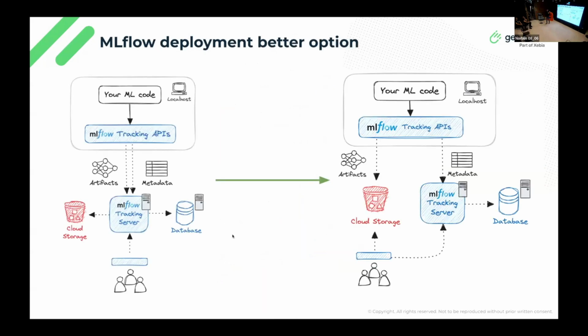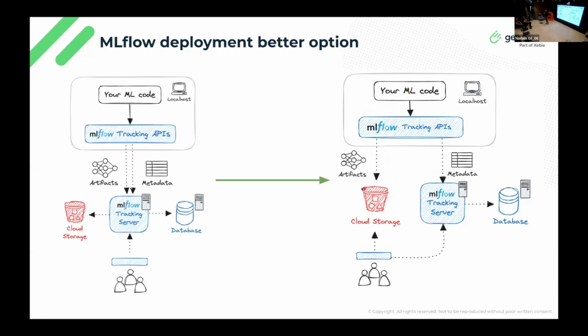And the better option to deploy MLflow tracking is with the last architecture. Here, the cloud storage is separate. And as you can see here, your training code actually accesses cloud storage directly. But it's important to know that if you are deploying it in that way, whenever your code says to MLflow, hey, please store this artifact, it first goes to the tracking server, then the tracking server responds to our training job with, hey, please store your artifacts here in, for example, S3 in this particular folder.